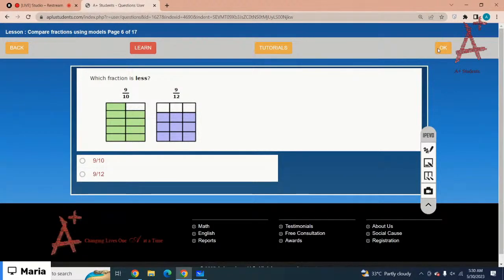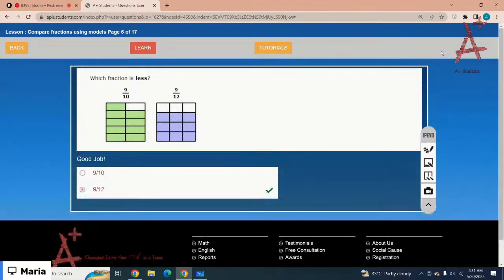Which is less? 9 by 12 is less than 9 out of 10.